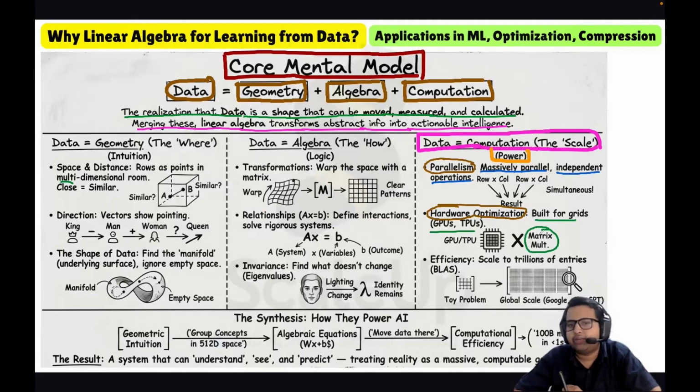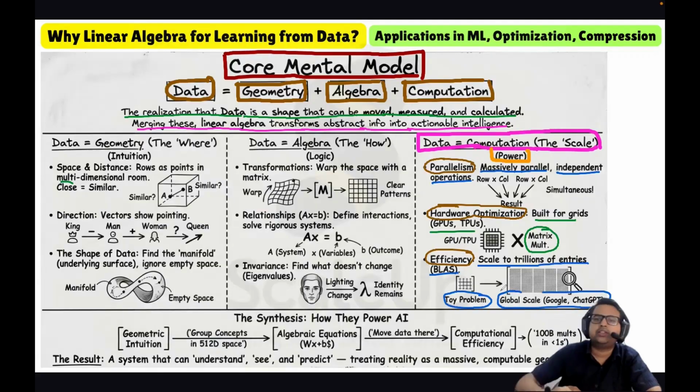They can perform billions of simultaneous matrix multiplications. And we have efficiency. Modern algorithms like BLAS can handle matrices with trillions of entries. This allows us to scale from toy problems to global scale systems like Google Search or ChatGPT.